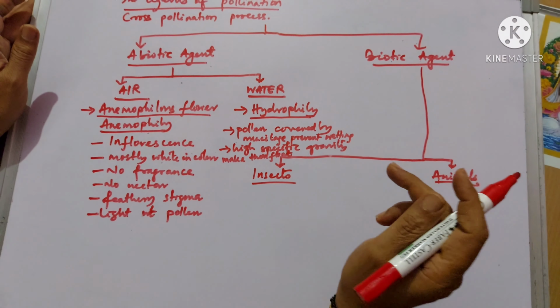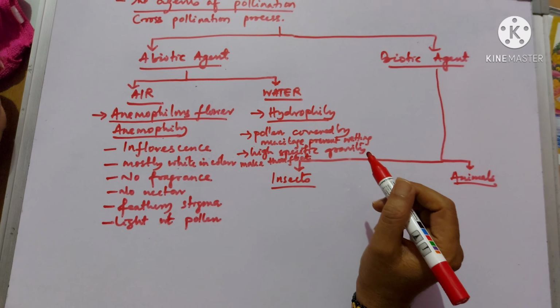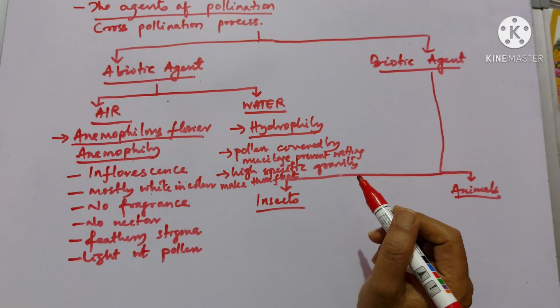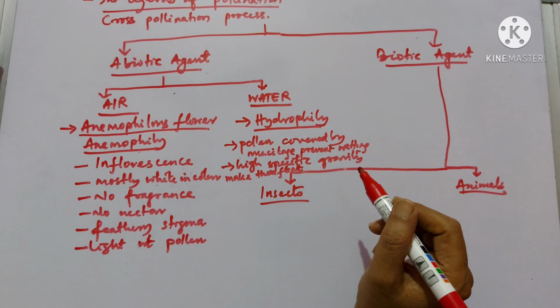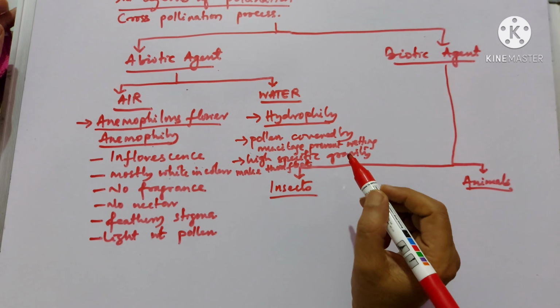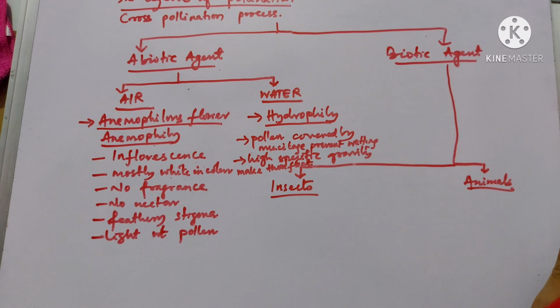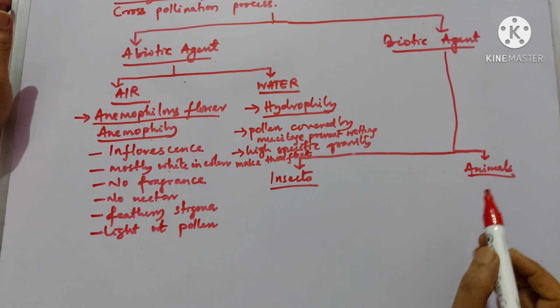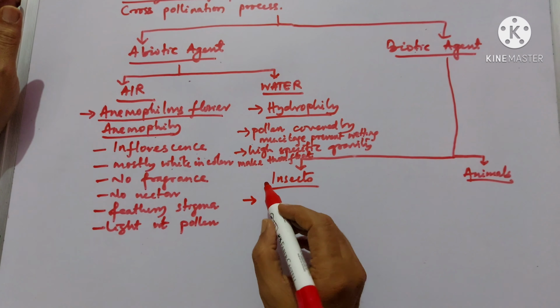It is also important that hydrophytes present inside water bodies may or may not be pollinated by water, like lotus and water lily.